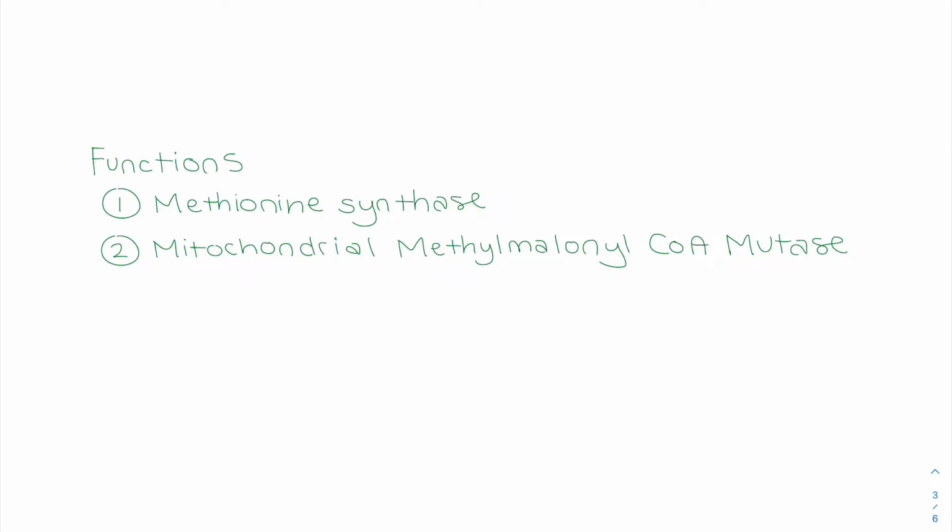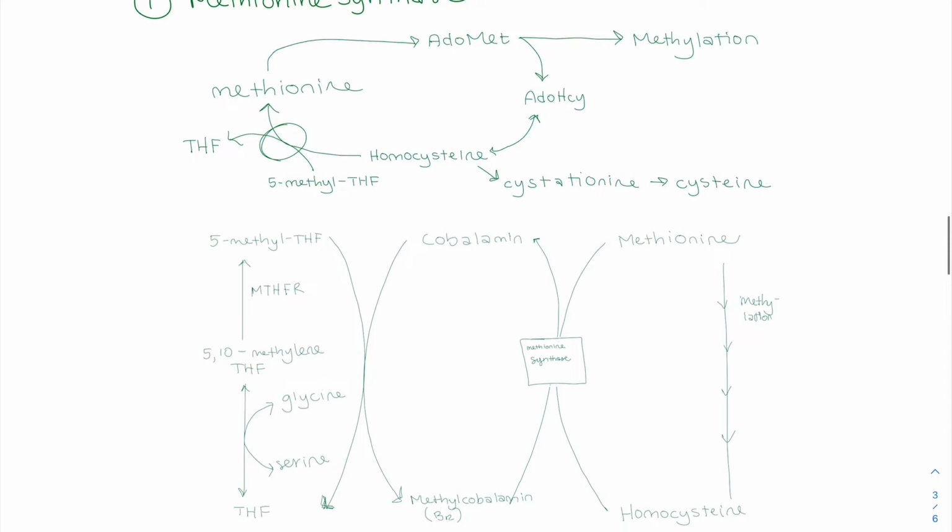So talking about the first one, let's talk about methionine synthase. This might look familiar, and if it doesn't, I encourage you to go back and watch my video on folate, towards the end when we talk about this methionine cycle. Ignore this for now, but in this cycle, we have the 5-methyl tetrahydrofolate coming up.